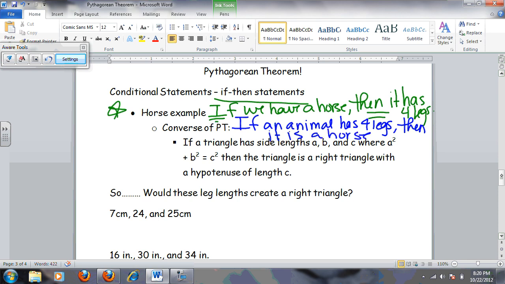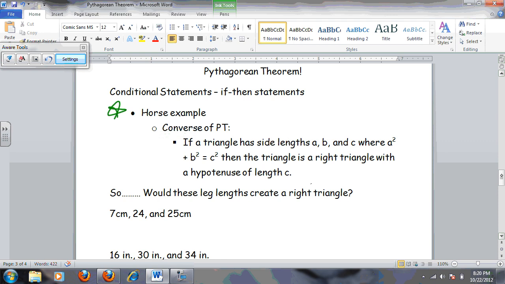Is that true? Silly Mrs. Rice. No, it's not true. We can think of many other animals other than a horse that has 4 legs. So sometimes we will find a converse and it won't be true. But other times we have a statement and it will be true.